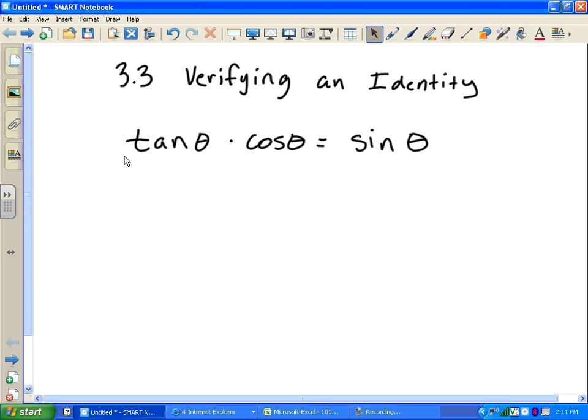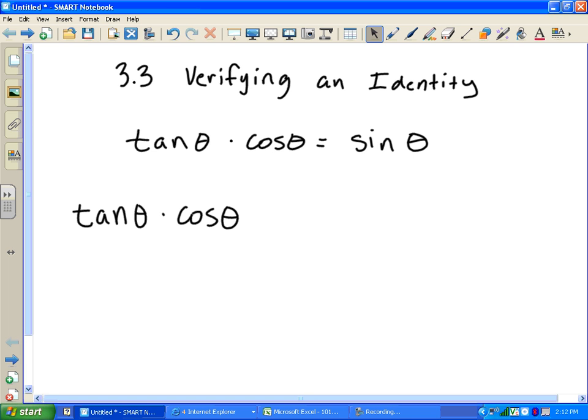What we're going to do here is change tangent to sine over cosine, and that's certainly a good strategy in this case. Let me start it off this way. I'm going to write it the way your multiple choice answers write it here. So let me write tangent of theta times cosine of theta.